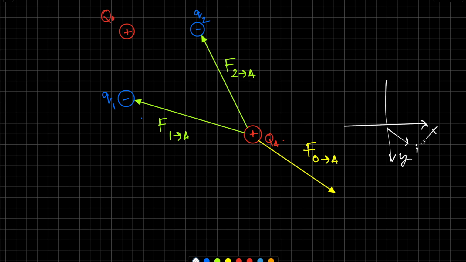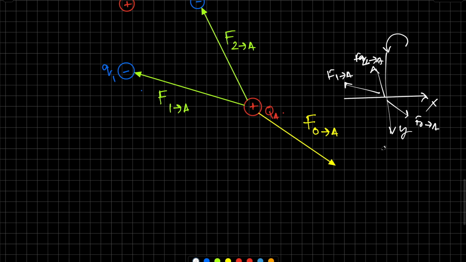This is F0 to A, this is F2 to A, and this is F1 to A. So what I'm going to do here is rotate the whole thing a bit counterclockwise so that F0 to A aligns with the x-axis.